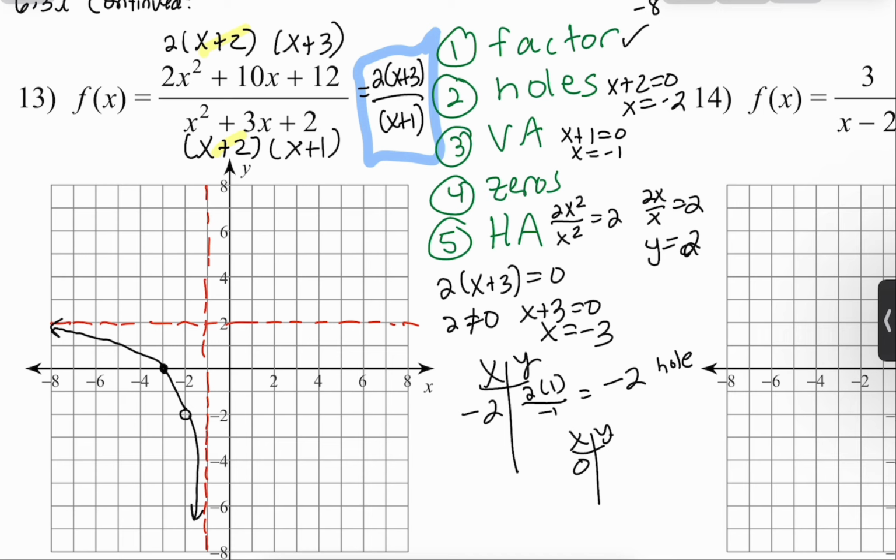If you plug in 0, you get 6 over 1 or 6. So we can plug that in. Let's plug in 1. If we plug in 1, we get 8 over 2 or 4. So this piece is locked in this corner. So that is how we graph a function with a hole, a removable discontinuity.